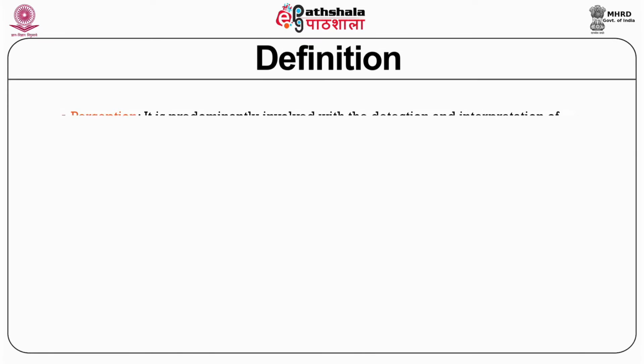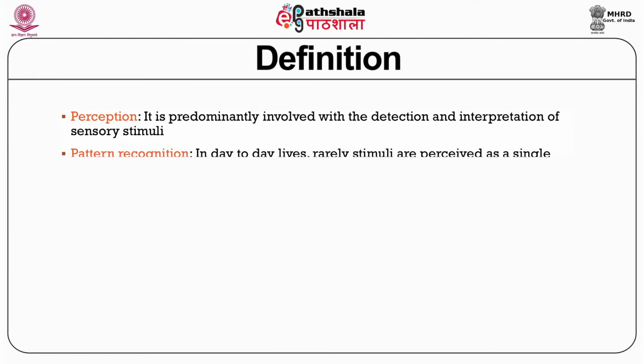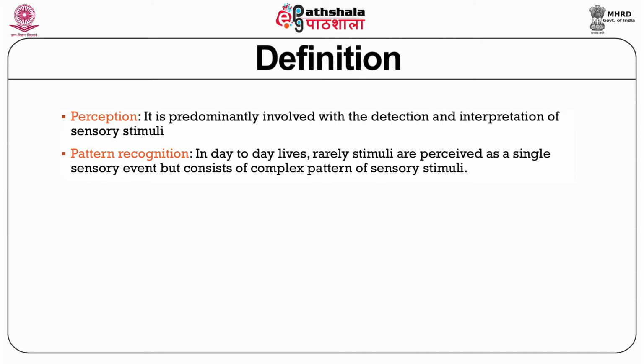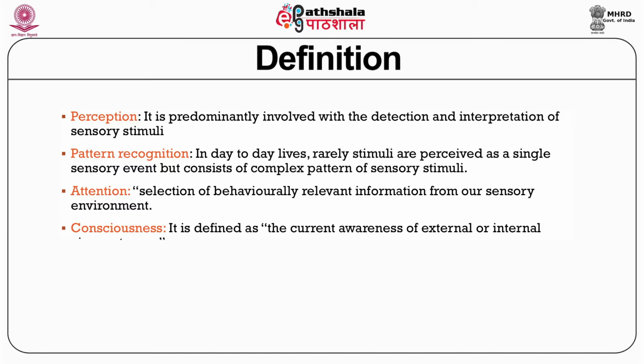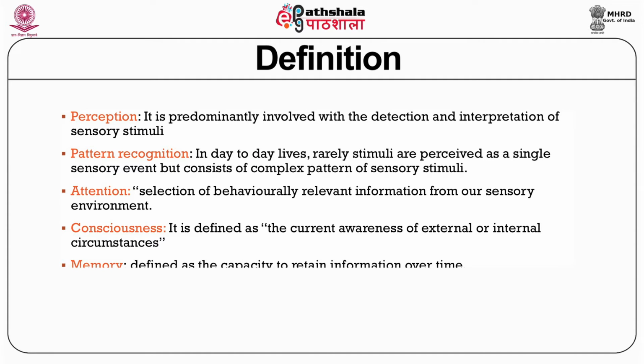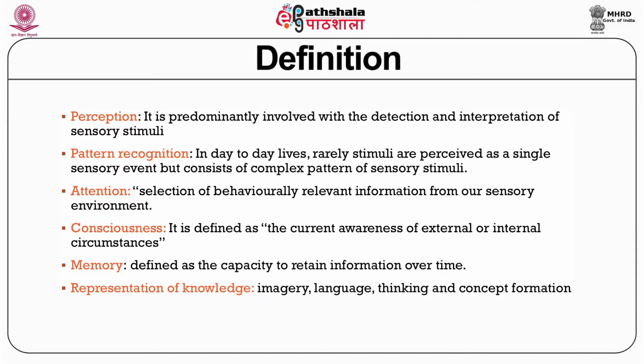So, what are the main cognitive domains we know of? Predominantly it includes perception, which is involved with the detection and interpretation of sensory stimuli. Then we have pattern recognition: in day-to-day life, rarely are stimuli perceived as a single event; they consist of a complex pattern of sensory stimuli. Then, the most important cognitive domain, attention, which is the selection of behaviorally relevant information from our sensory environment.